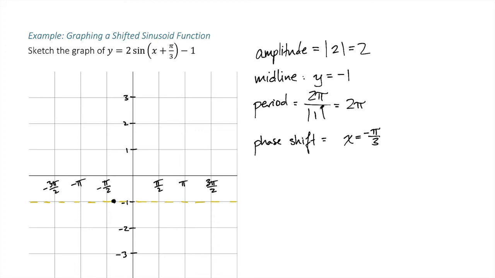Our period is 2 pi, so I know I'm going to have to complete a full cycle in 2 pi. So that's going to be right around here is going to be the end of one cycle. For the sine function, I'm going to have another point halfway between these two. Okay, and so that's going to be right around here.